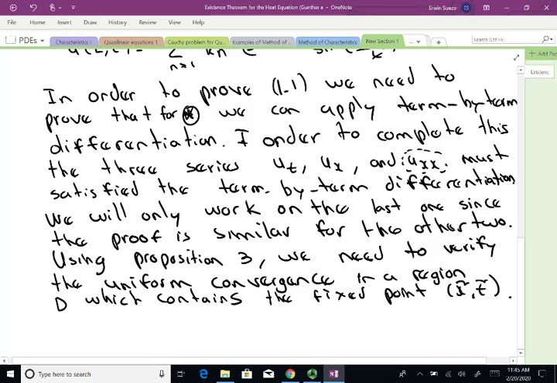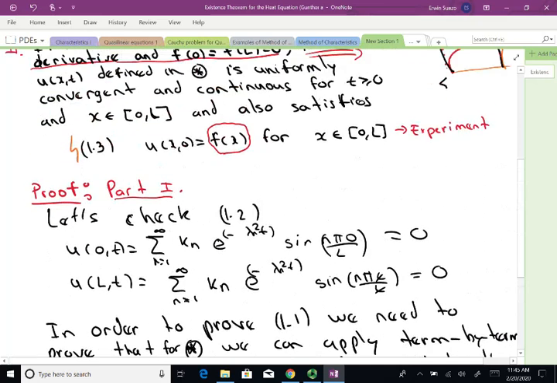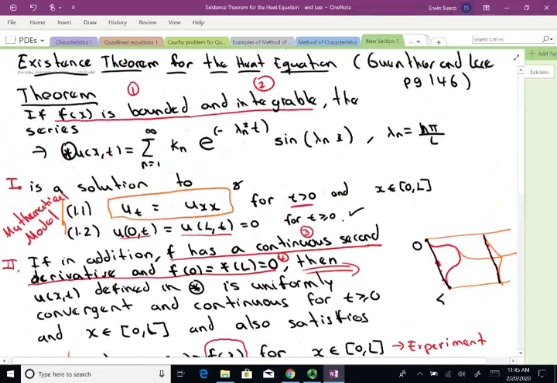Okay, so what are we doing here? We want to make sure that this series, the series star, is uniformly convergent, right? So how do you do that? You fix the point, you fix x, and you prove uniform convergence. Well, in general, you fix the point x, t.